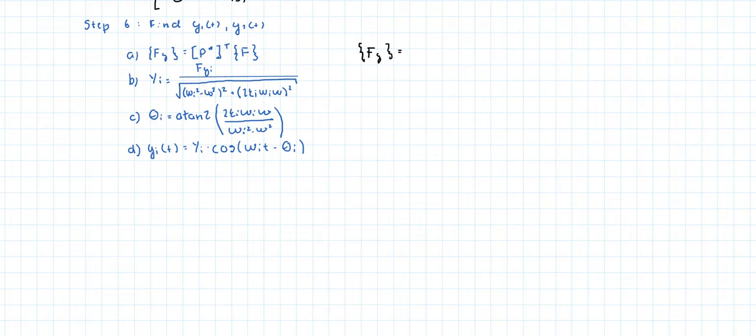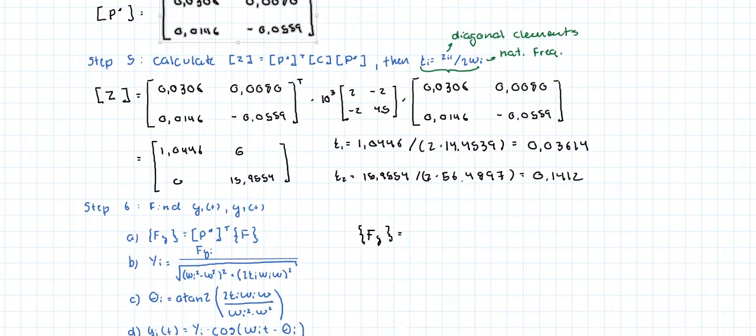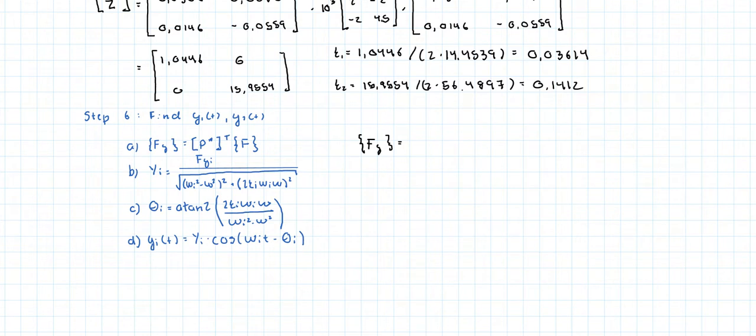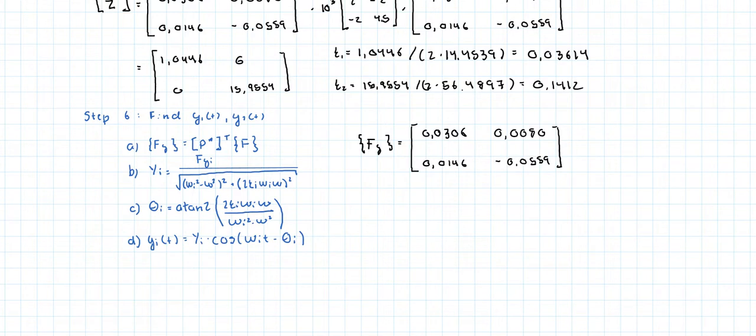And we're going to use the P-star matrix again, and multiply it by the amplitude vector, which was 1, 0, 0, 1. Yeah, that's right. And that gives us 30.6 for the first one and 8 for the second one. Okay, A is done.